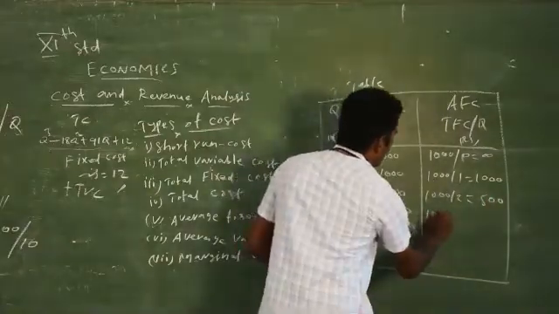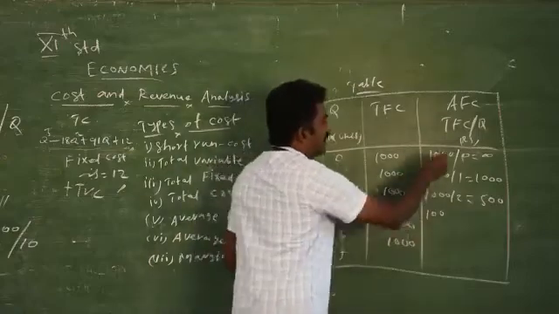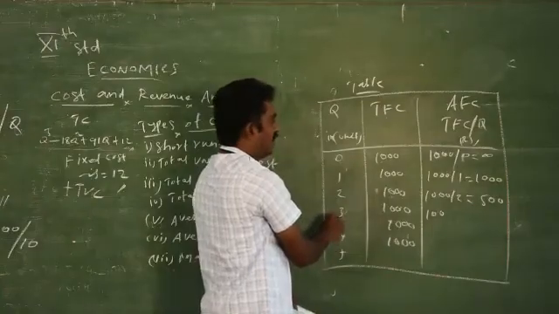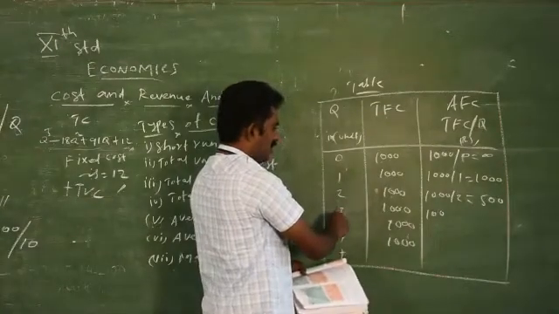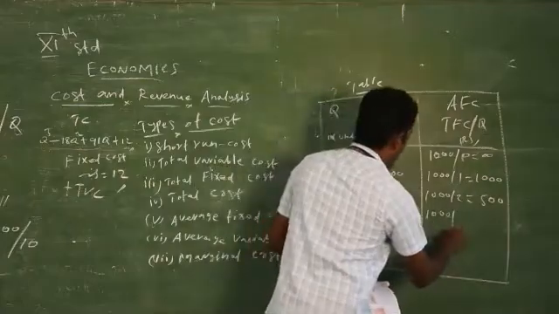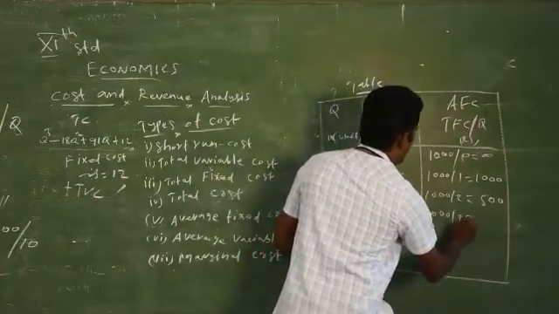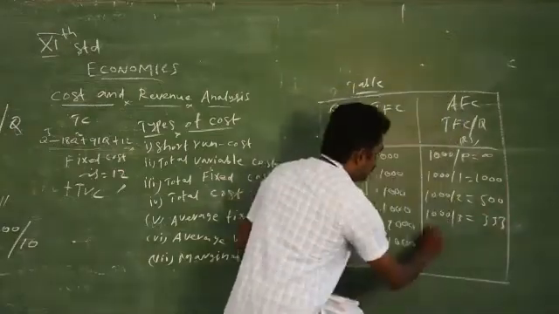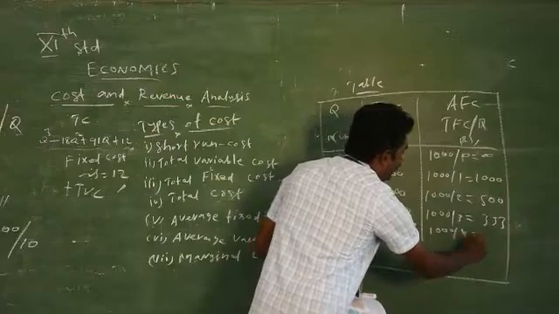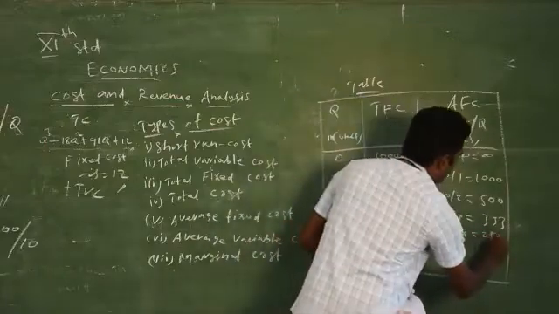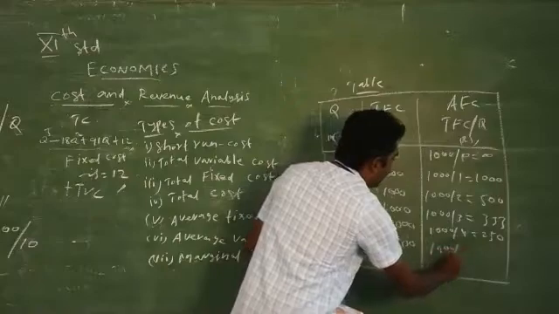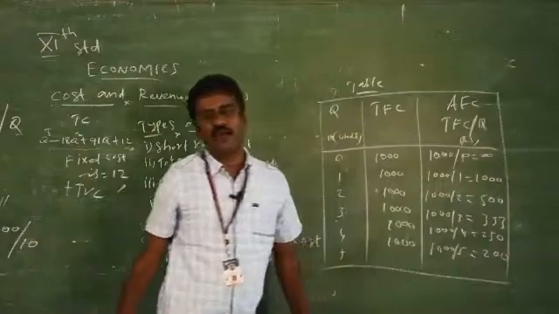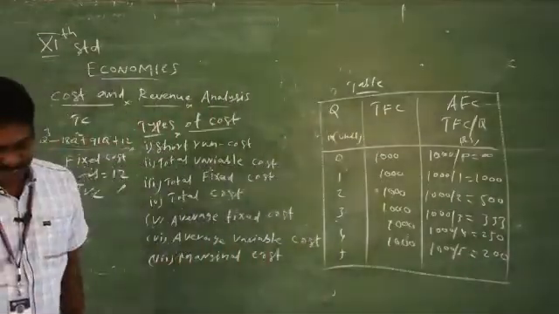That's 1000 by 3, because TFC divided by Q is the total fixed cost by quantity of output, a unit by 3, 333. At 1000 divided by 4, 250. At 1000 divided by 5, 200. So likewise we can find out the average fixed cost.